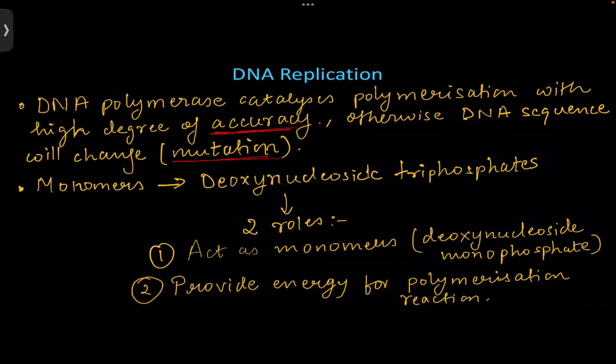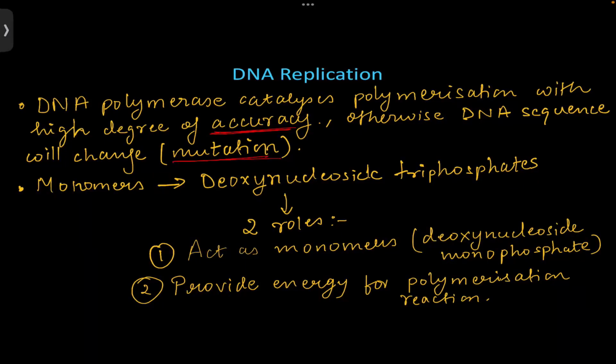The newly synthesized strand will have a sequence which is not complementary to the original sequence, and when this new strand gets propagated into the next cell, it will manifest itself in the form of a disease, or maybe in the form of a new phenotype.